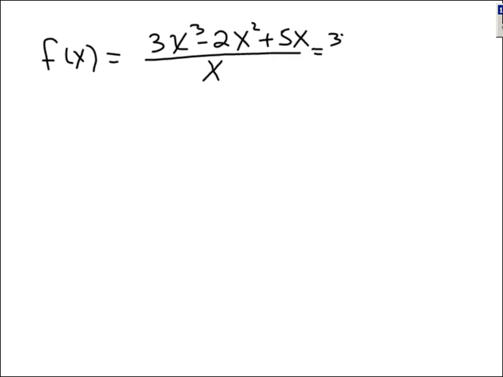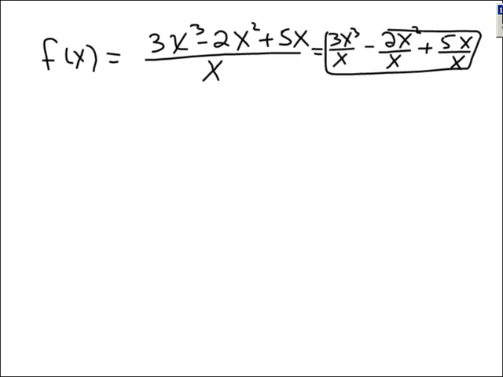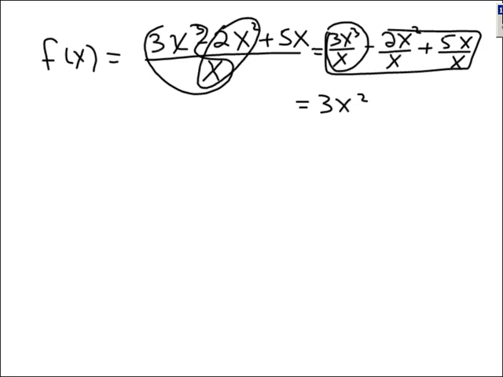Remember, this means 3x cubed over x minus 2x squared over x plus 5x over x. Whether you write this down or not, you have to think it. The answer is 3x squared minus 2x plus 5. The x is canceled.